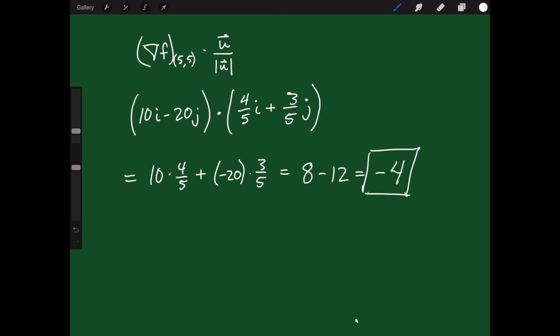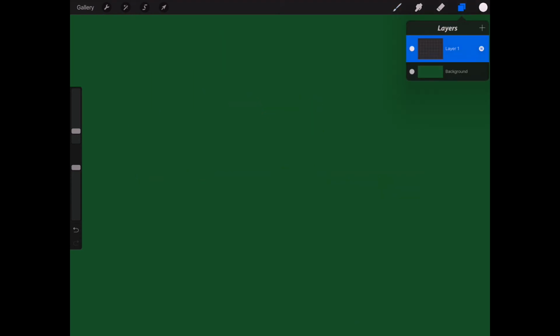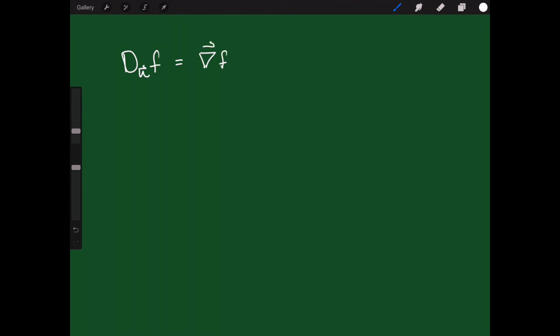Okay. So the next thing that I want to talk to you about is let's think again about these directional derivatives. Let's say you have a directional derivative in the direction of u of this function f. Now we know that the way that I find a directional derivative is I find the gradient of f and I dot it with a unit vector u.